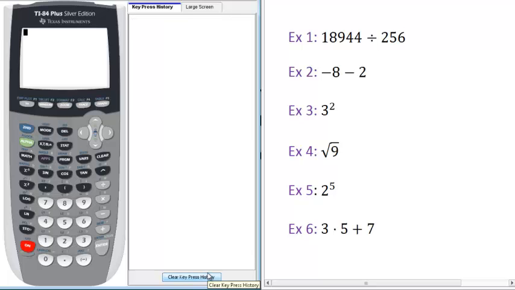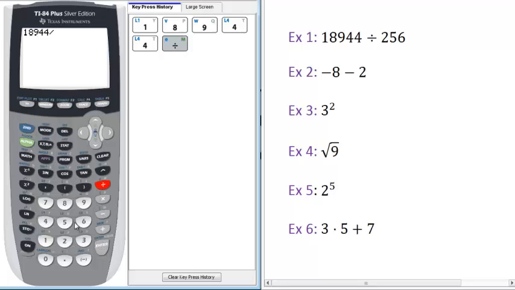All right, now we're going to do some of these examples that we see over here on the right. My first example is 18,944 divided by 256. The nice thing about the graphing calculator is you can just type it in exactly like you see it. 18,944. The operational buttons are over here on the right, so divided by.